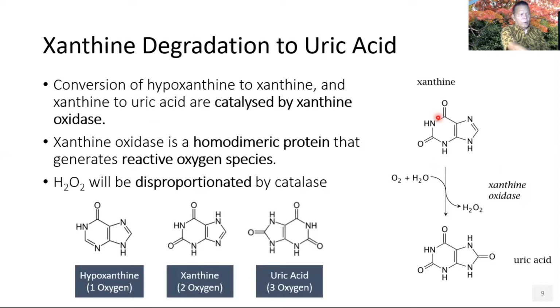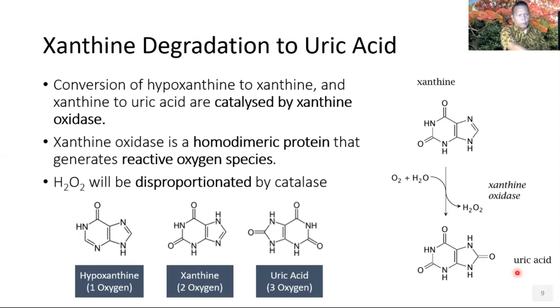Xanthine oxidase is a homodimeric protein that generates reactive oxygen species. The last one, hydroperoxide, will be disproportionated by catalase, an enzyme. See this one again. This xanthine will be converted into uric acid.